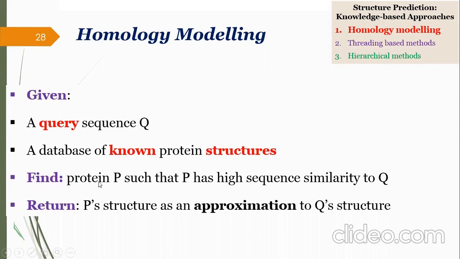What we need is to find a protein structure P such that P has high sequence similarity to Q. In return, P's structure is an approximation to Q's structure. We need to determine the Q structure, and that will be an approximation of the P structure.